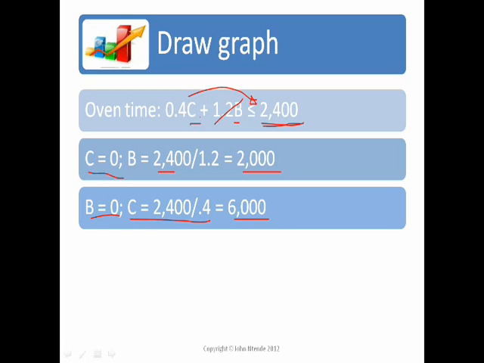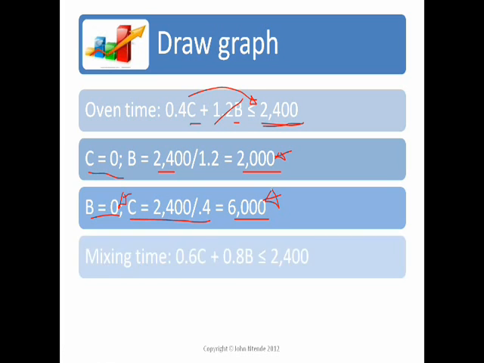So there are 2 points on this line. When c is equal to 0, b is 2000, and when b is equal to 0, c is equal to 6000. So we do the same thing for mixing time.